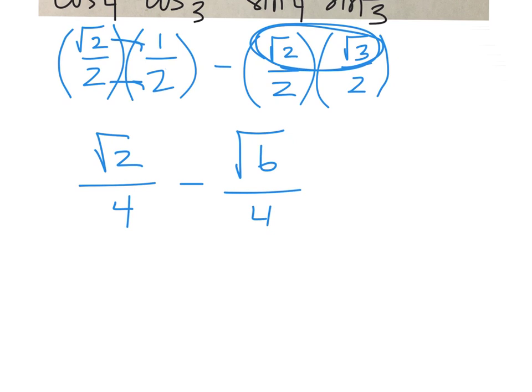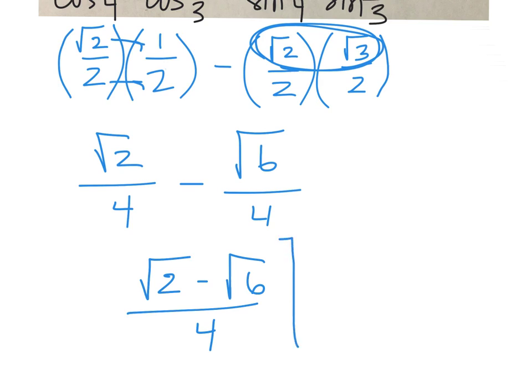Now, because these have the same denominators, we can subtract the numerator and get a final non-satisfying mathematical answer of exactly root 2 minus root 6 over 4. Okay, and of course your calculator can tell you what that is approximately, but because we want exact, we're going to leave the answer like that.